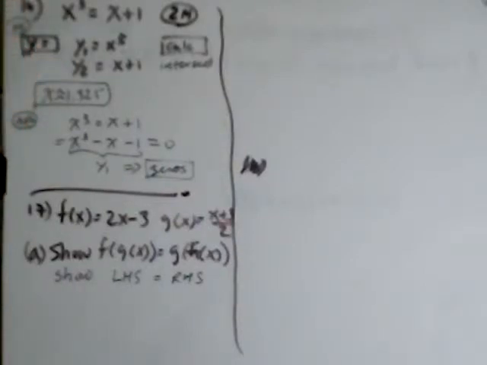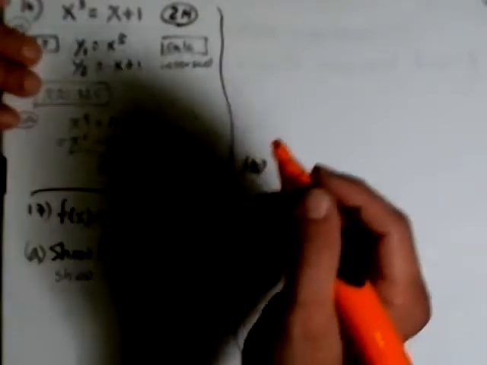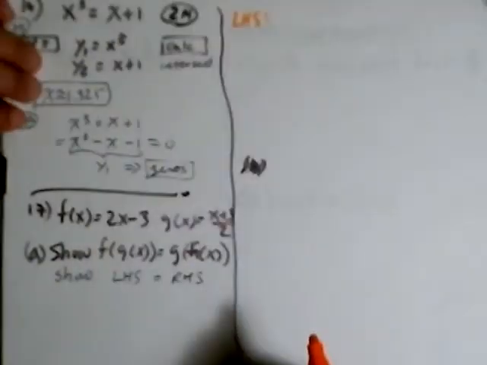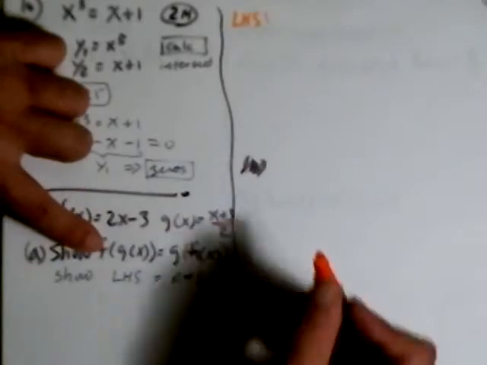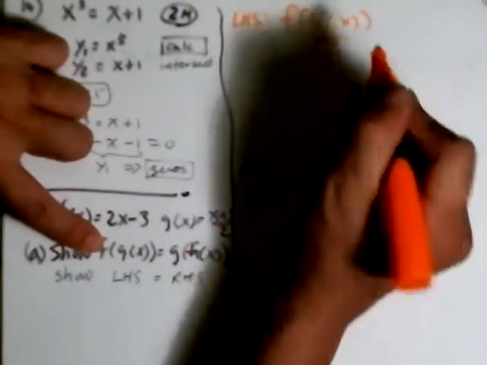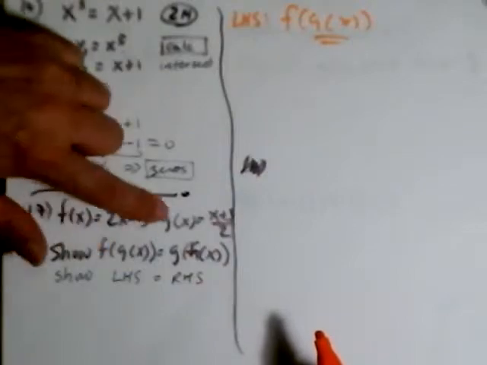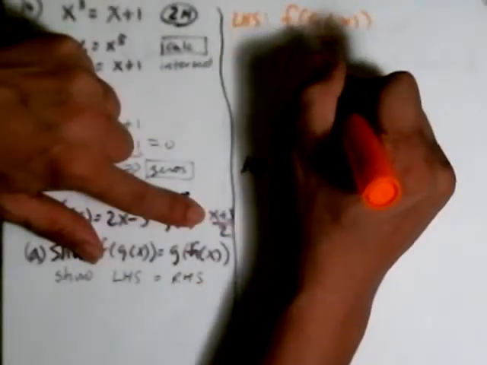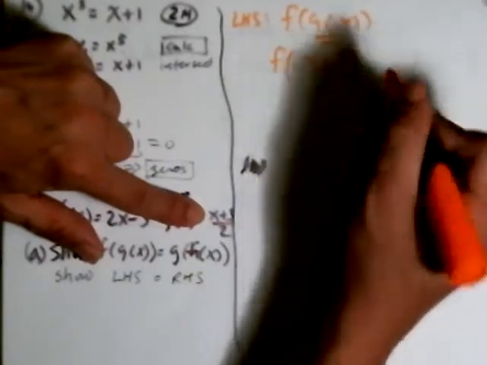Let's do the left-hand side first. Left-hand side is f of g of x. Again, we start with the inside first, g of x, which is x plus 3 over 2. So it'll be f of x plus 3 over 2.